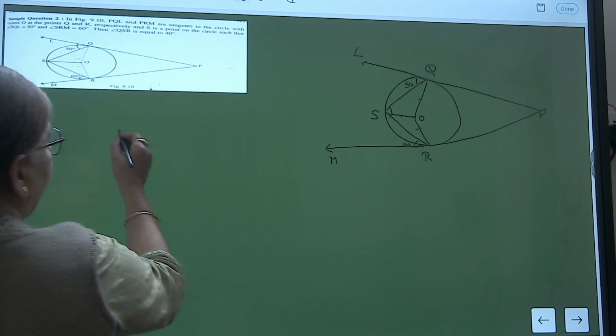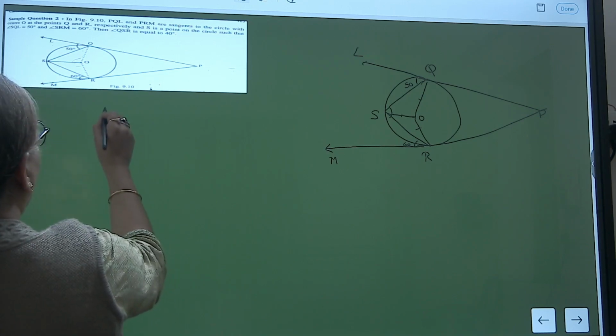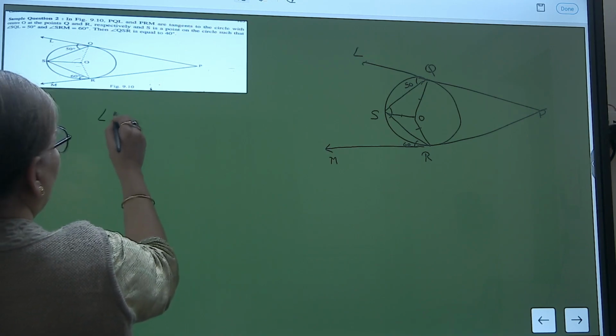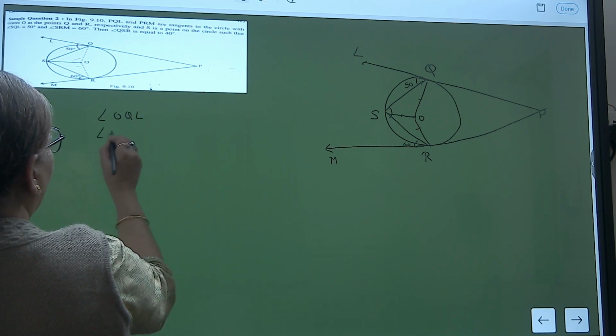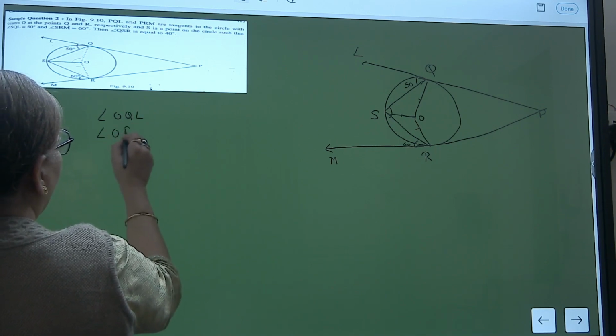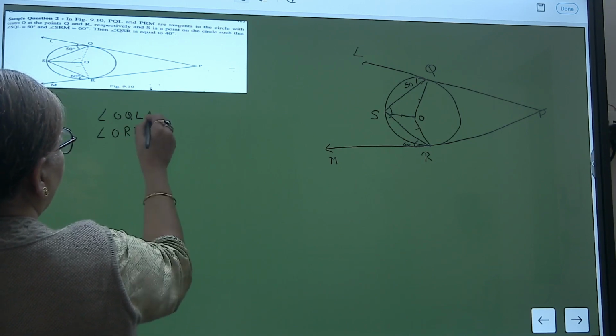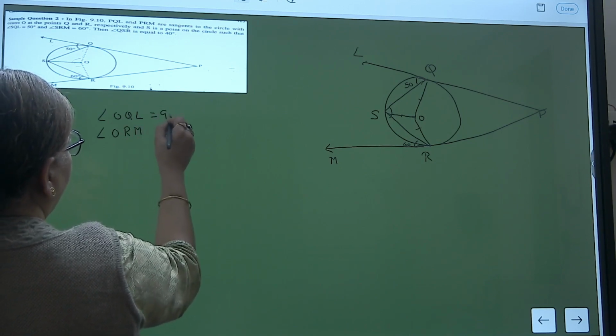So we can write angle OQL and angle ORM are both equal to 90 degrees.